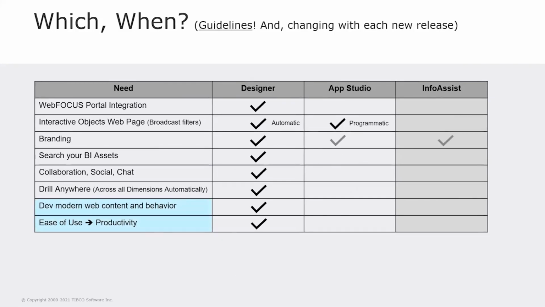WebFOCUS portal integration. It just works nicely. It's engineered that way. Both are receiving a lot of R&D out of our corporate resources. Interactive web pages so that the objects all receive the filters from the filter shelf. That is done automatically within Designer. It's programmatic within App Studio, but again, automatic is better.